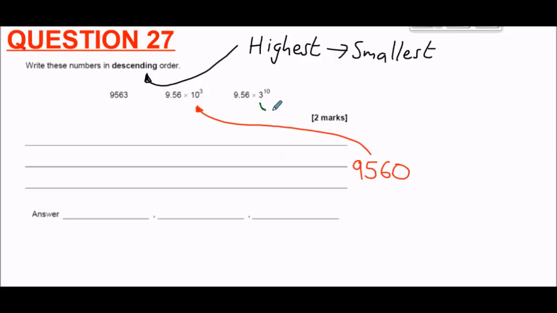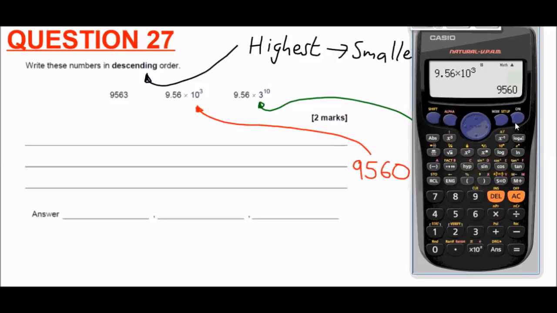And the one at the end here, 9.56 times 3 to the power 10, again, just use the calculator confidently and slowly, take your time, and just see what the calculator gives us. 9.56 multiplied by 3 to the power 10, press equals.